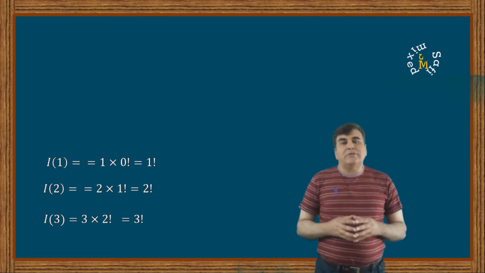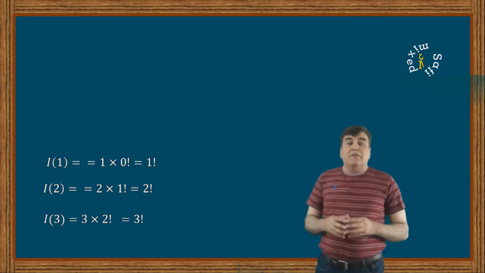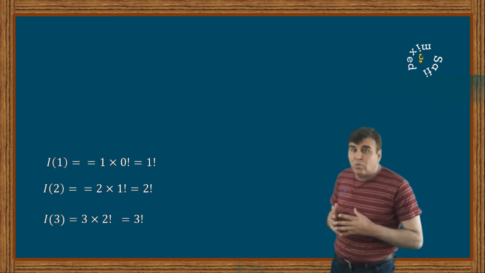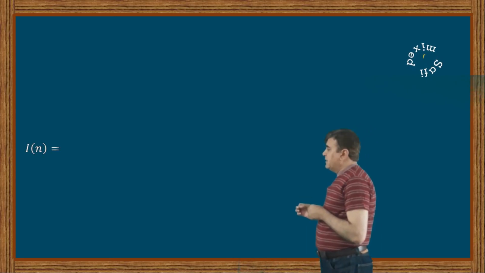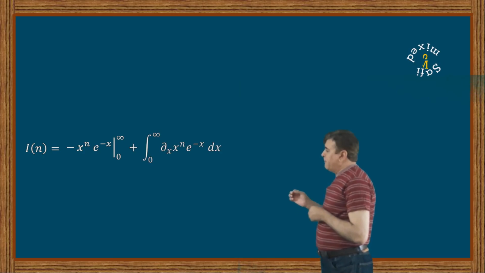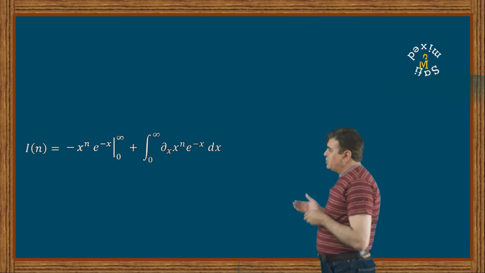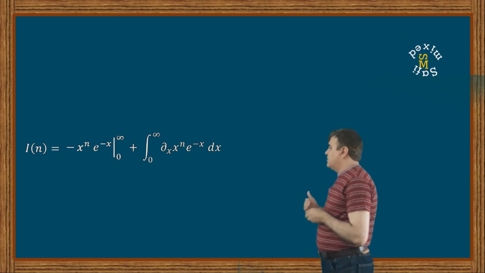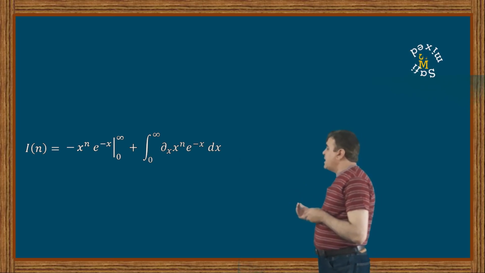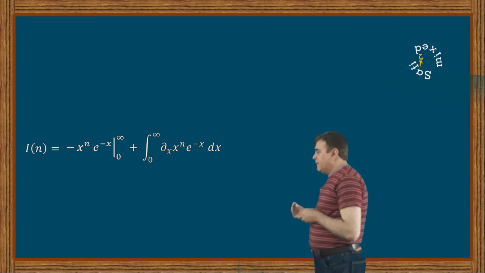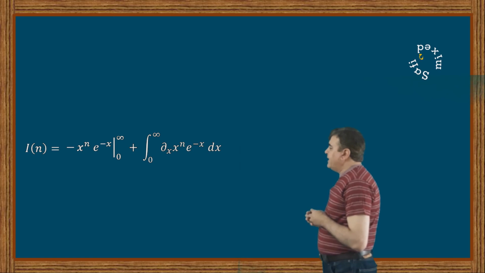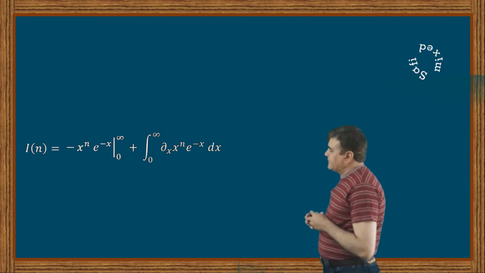So we conclude that in general, the value of the integral in equation 1 can be expressed as I of n equals minus x power n times exponent of minus x with limit from 0 to infinity plus integral from 0 to infinity partial x of x raised to the power n times exponent minus x dx.